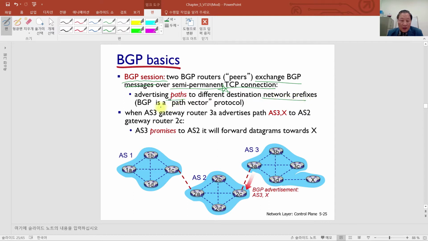prefixes. BGP is a path vector protocol, and that will be explained a little bit more in detail, and also that is explained in the video clip, but I will explain again here. Advertising paths to different destination network prefixes. Network prefix means address.